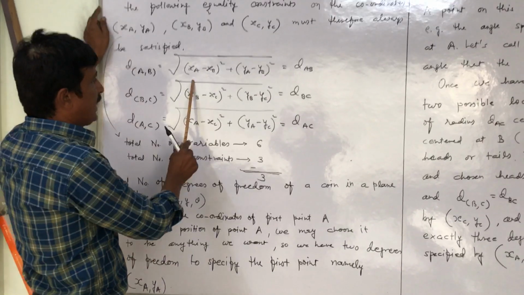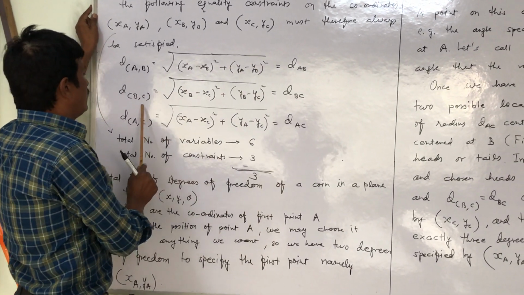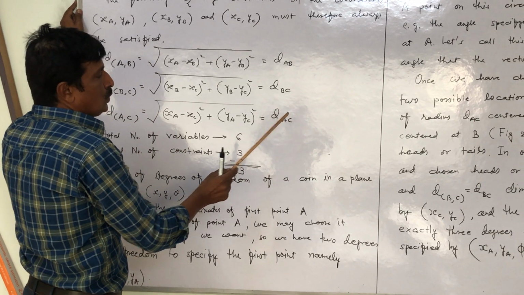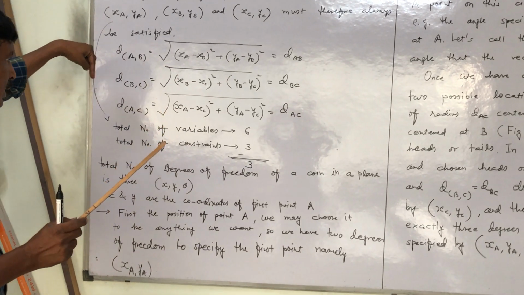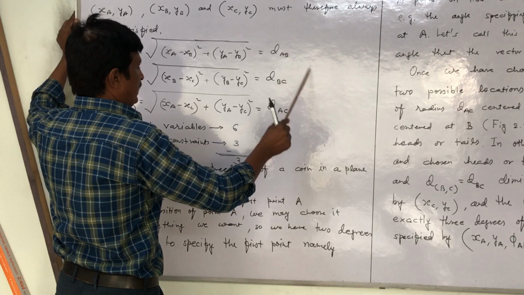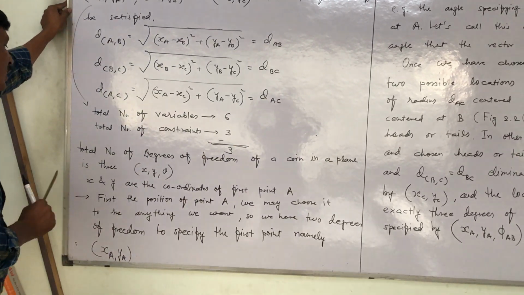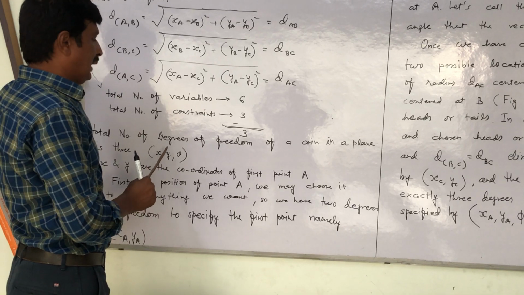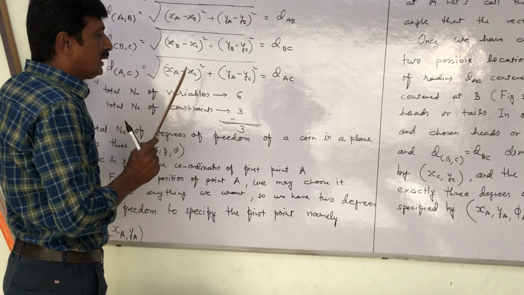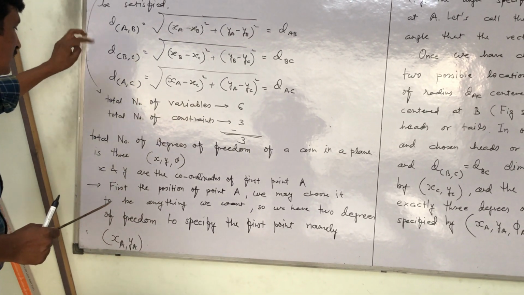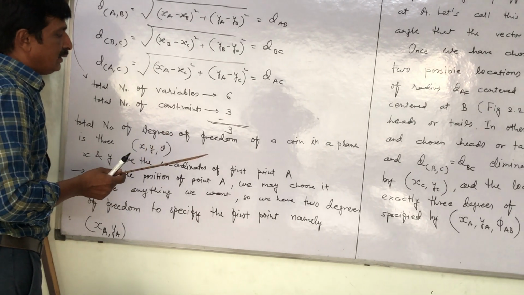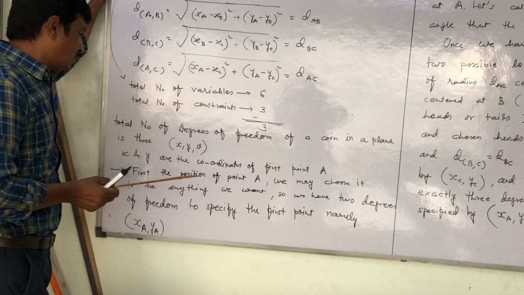DAB is fixed, given by the distance formula, DBC is given by a distance formula, and DAC is also fixed. So overall 6 degrees of freedom, but 3 constraints are there. So 6 minus 3. On net, the total number of degrees of freedom of a coin in a plane is 3: x, y, theta. That is one point with x coordinate, y coordinate, and then angle theta for the orientation.